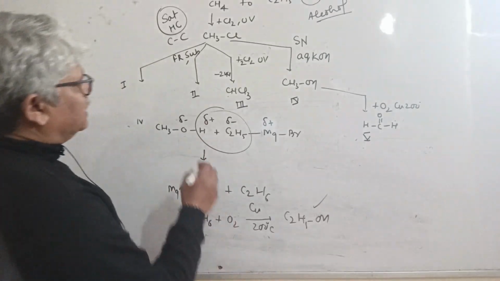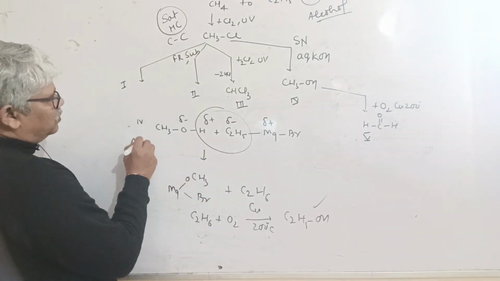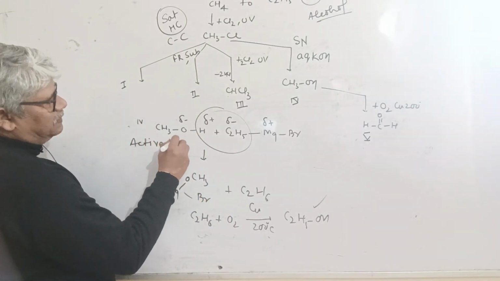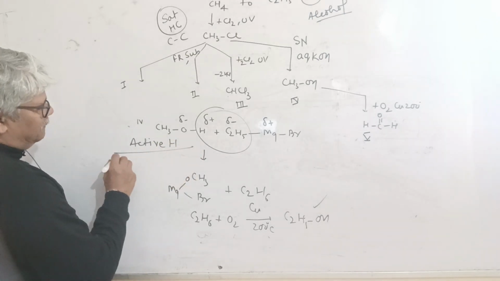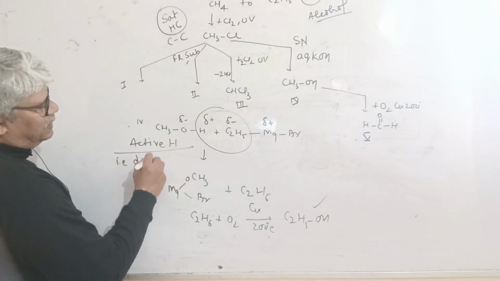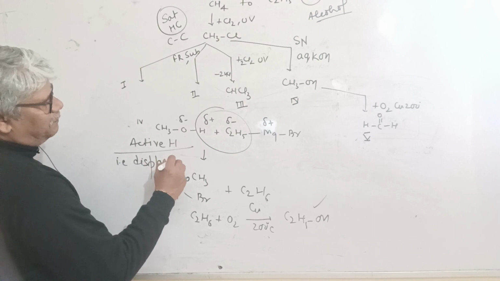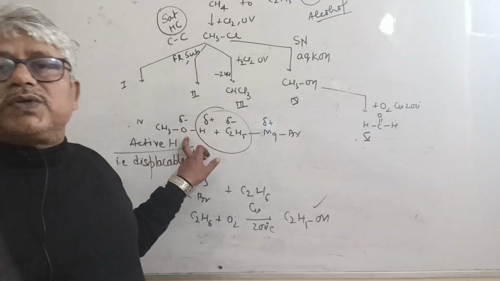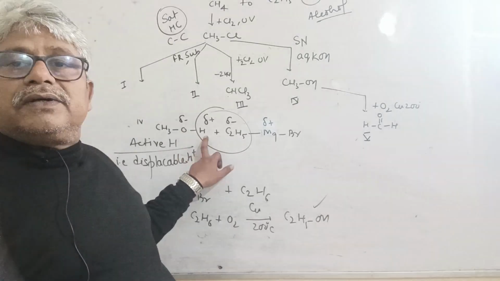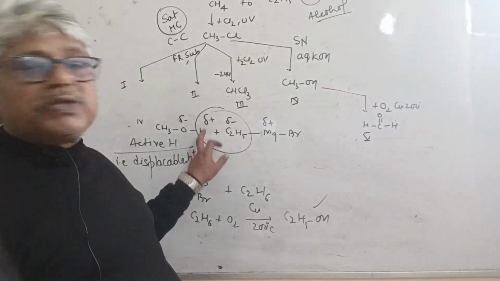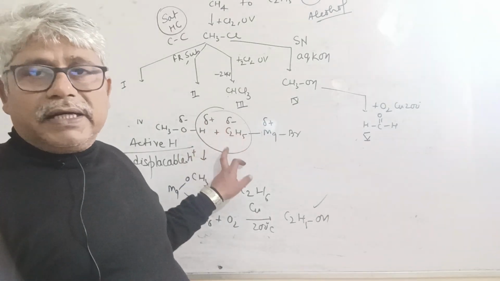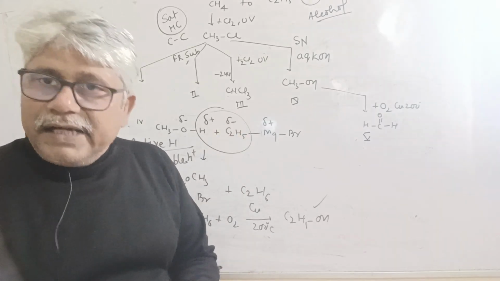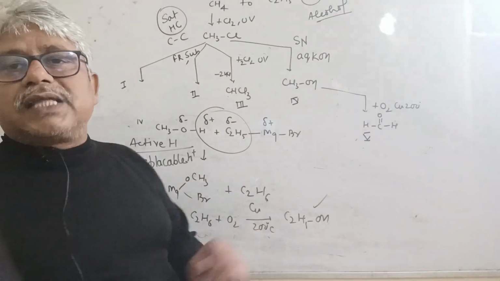What do you mean by active hydrogen? Active hydrogen is displaceable hydrogen, because oxygen is electronegative and hydrogen is electropositive. So the electropositive species goes to the electronegative one in Grignard reagent. So ethane is the product formed.